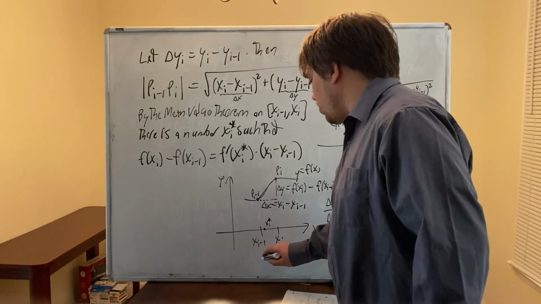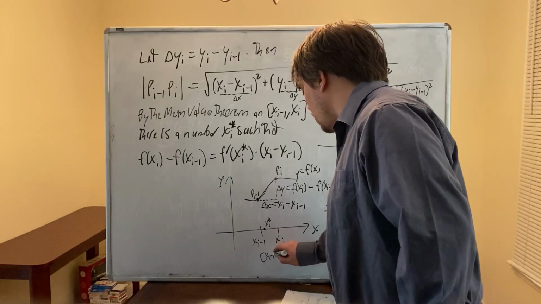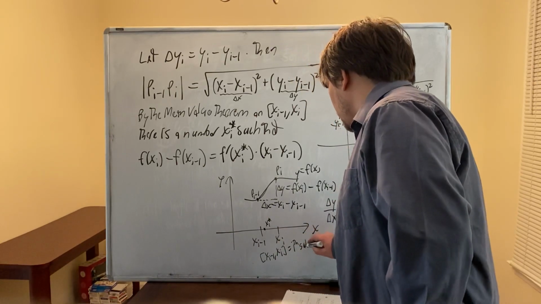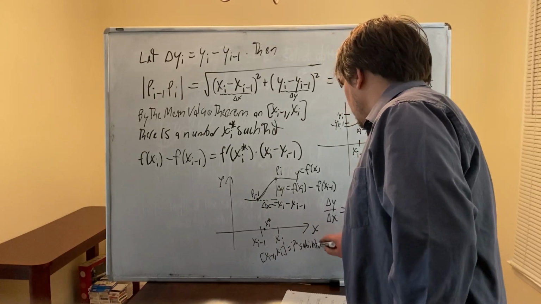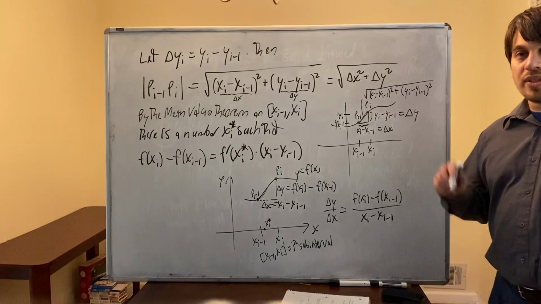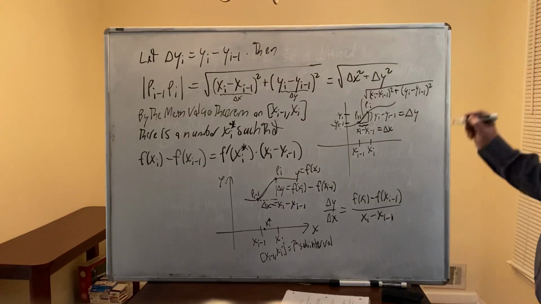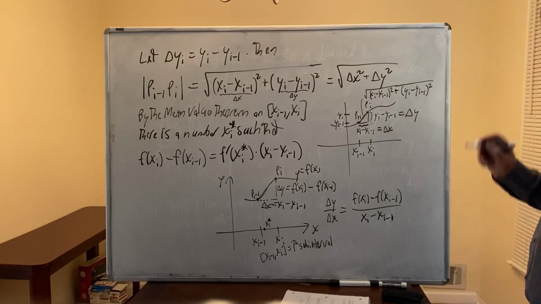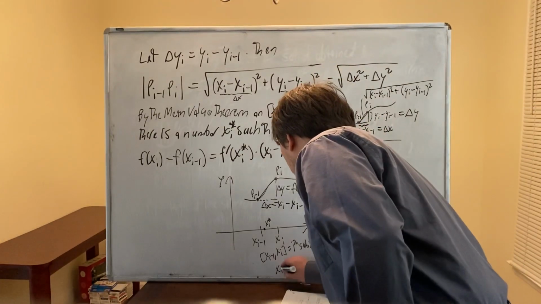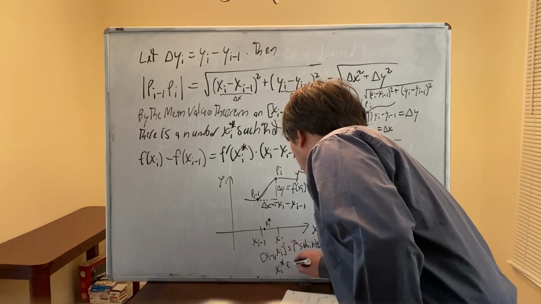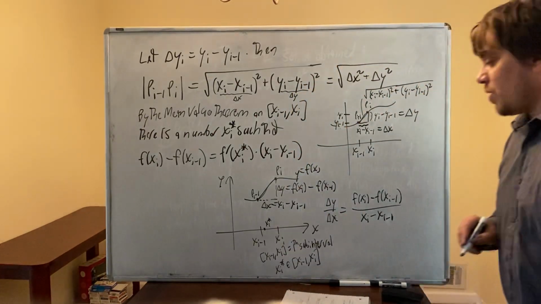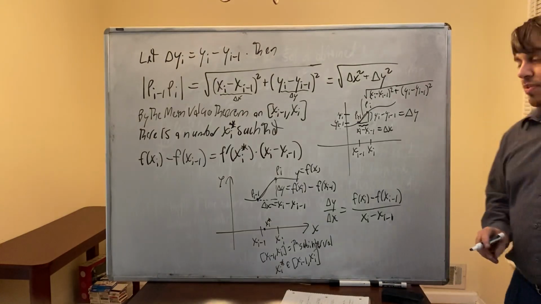The subinterval from x sub i minus 1 to x sub i is the ith subinterval. x sub 0 to x sub 1 is the first subinterval. x sub 1 to x sub 2 is the second subinterval. x sub 2 to x sub 3 is the third subinterval. x sub i minus 1 to x sub i is the ith subinterval. Okay? And x sub i star is just some point we choose in the ith subinterval. So that's what x sub i star is. It's a point we choose in the ith subinterval.